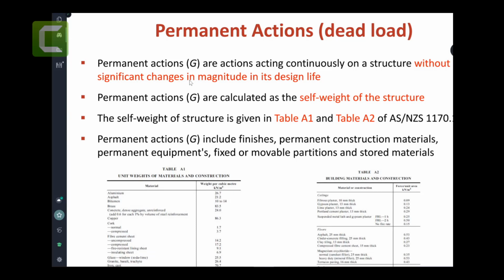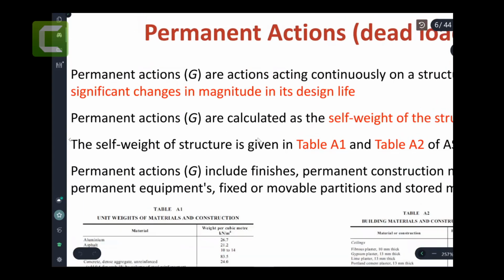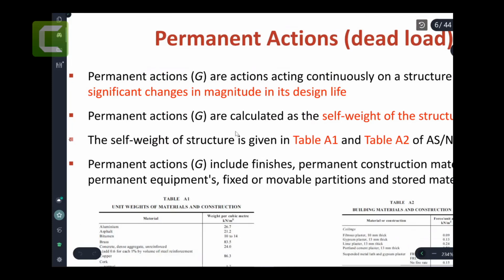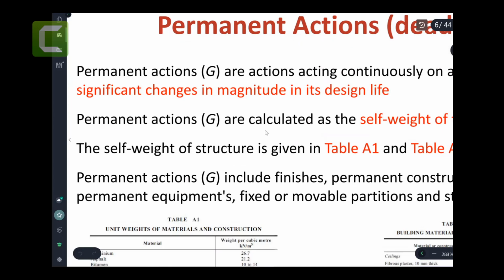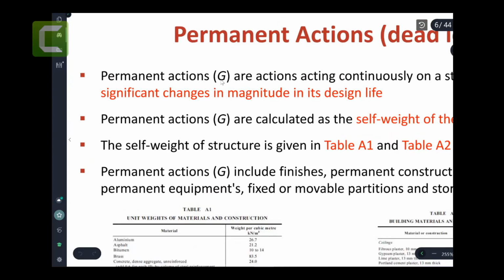So permanent actions, we're going to have a lot of parameters. That's what designers do, and I think you see these things with your hydraulic design or other design, there are always factors. And one of the things you need to get on top of is understanding the acronyms or factors we use.